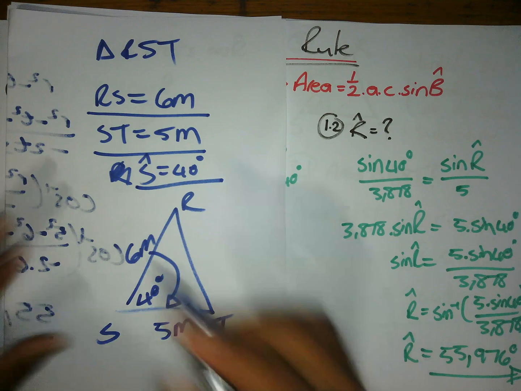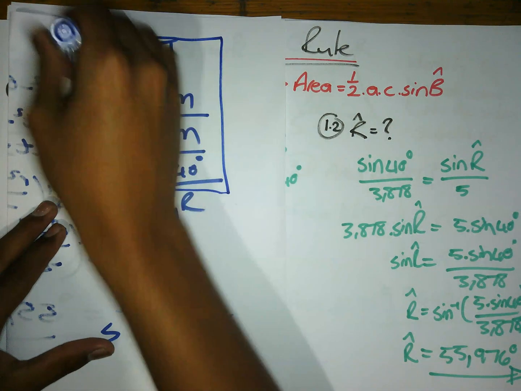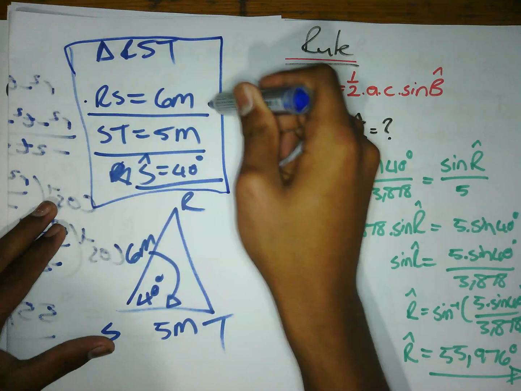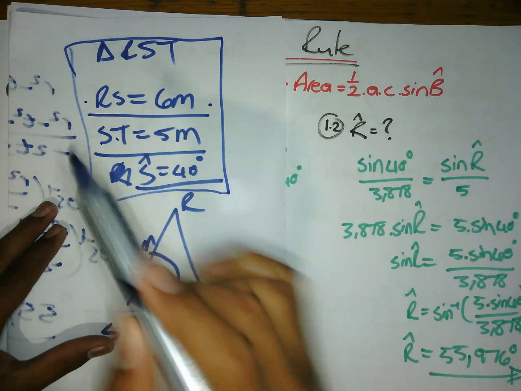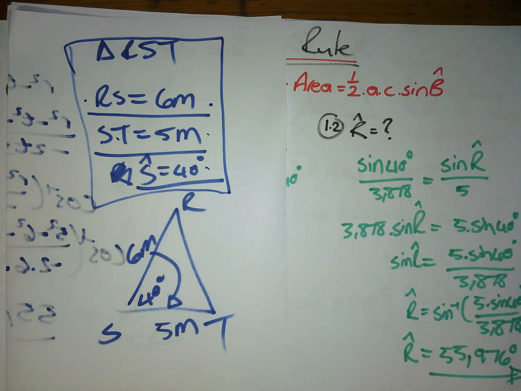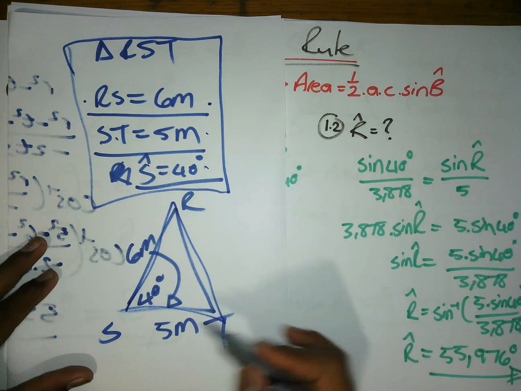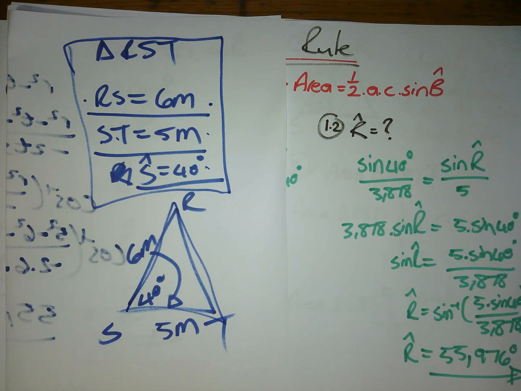They can give you the statement of triangle RST has a side RS that is 6 meters, ST that is 5 meters, angle S at 40 degrees. Then all you do, you draw the triangle, you put the labels, and you substitute in nicely. That's how you do it. You can be asked in any way. Be prepared for anything. Just think practically.